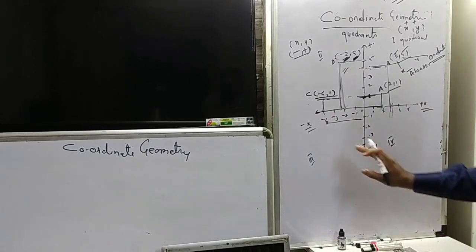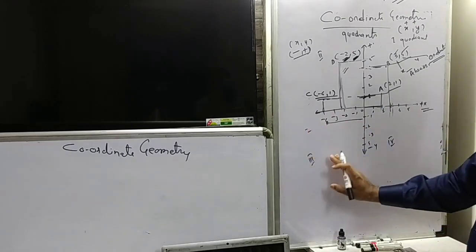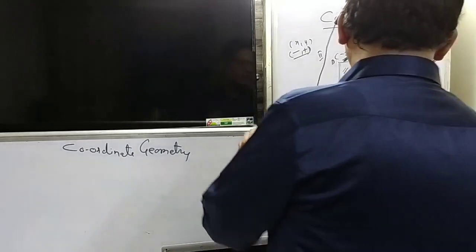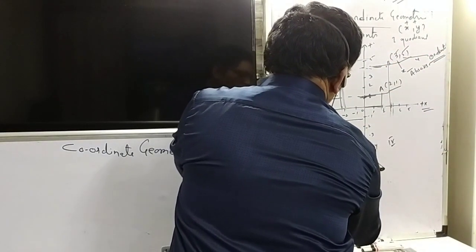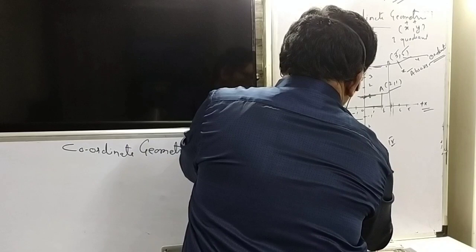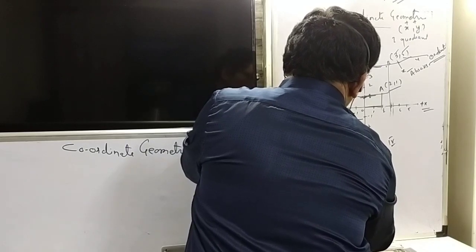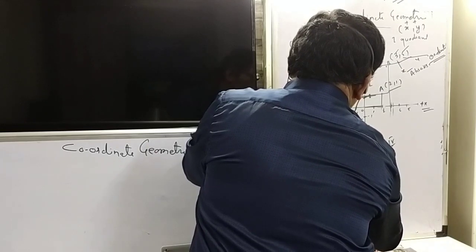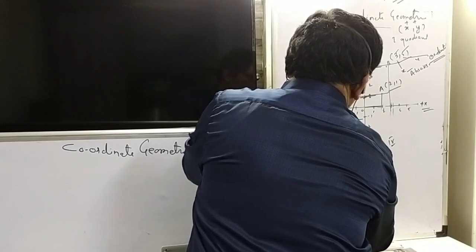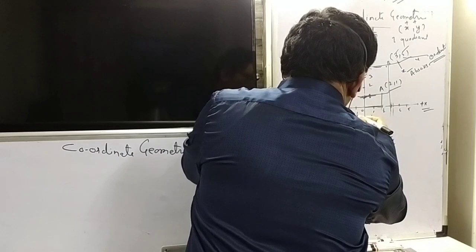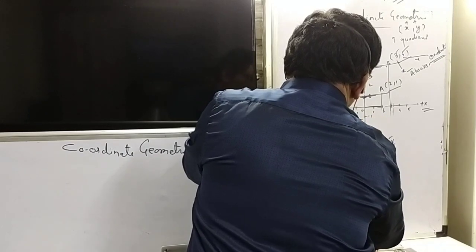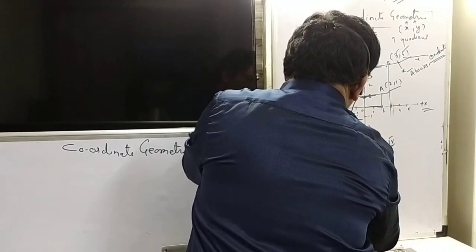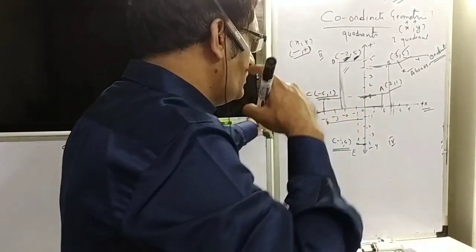Okay. Now let us see what happens in the third quadrant. Let us say this point is E. This E point is 4 on the y-axis and -1 on the x-axis, so the ordered pair is (-1, 4).